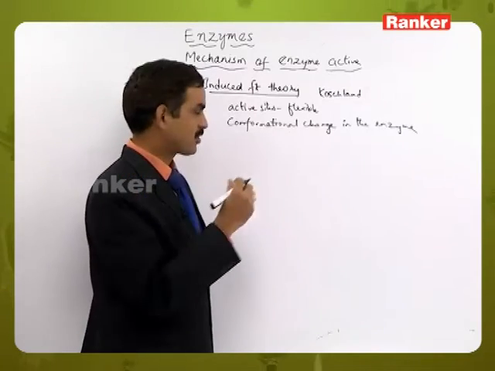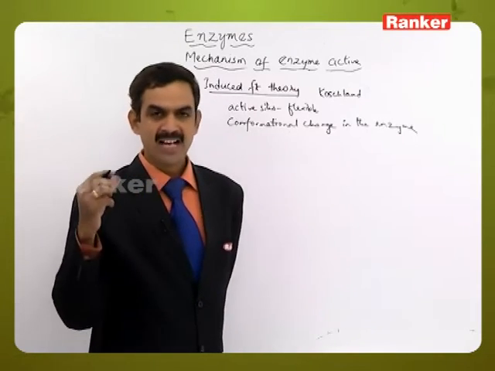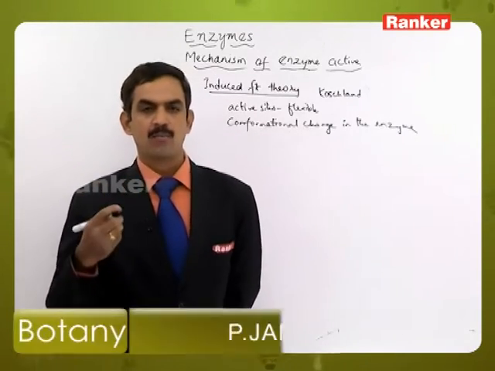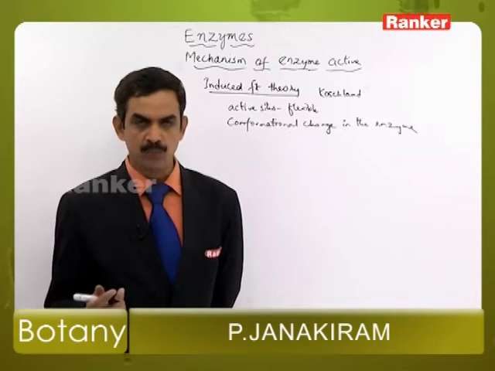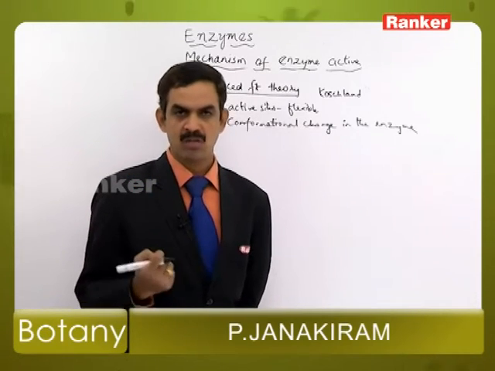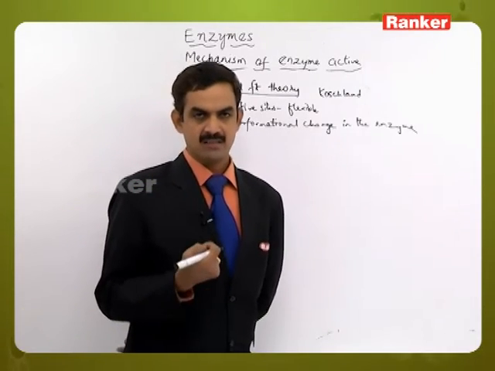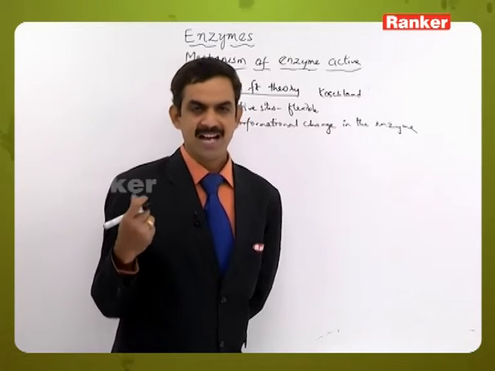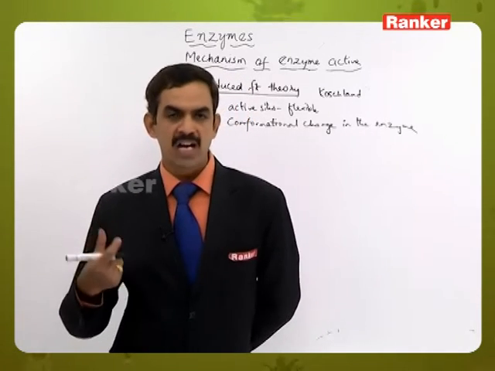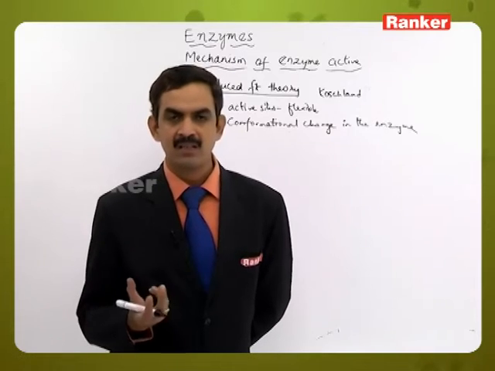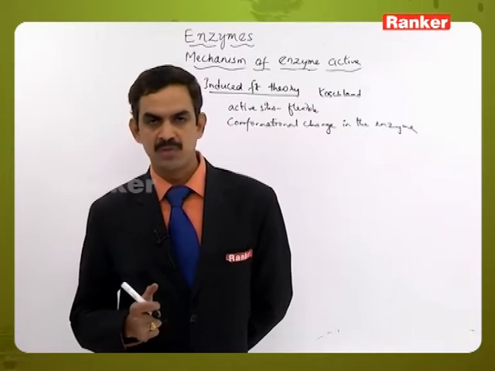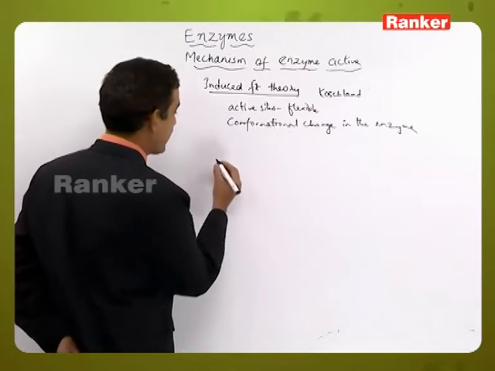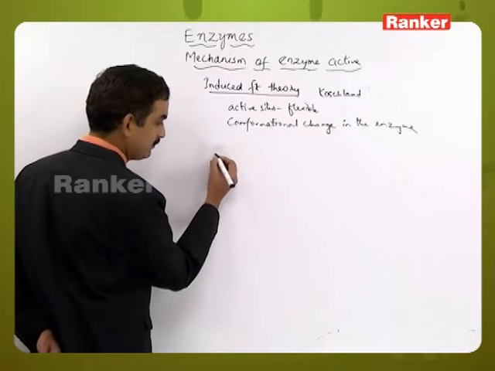When the substrate is forming bonds with the enzyme molecule, the active sites will undergo some sort of change because of the flexibility. That means the active sites will change their shape, becoming flexible towards the shape and structure of the substrate molecule.